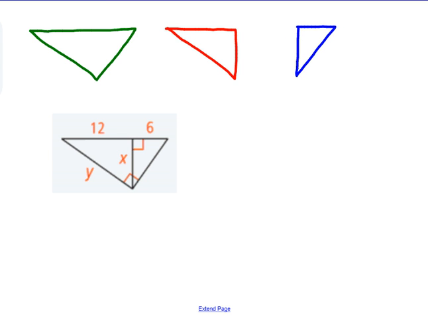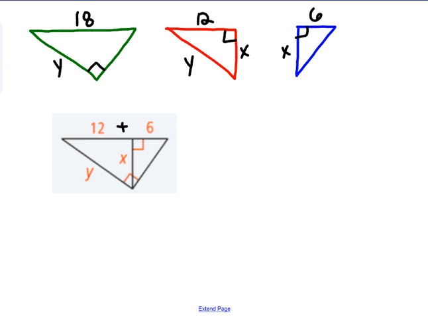Let me label it to make it look nice. Right angle, right angle, right angle. This is 18, because that's 12 plus 6. This is y. This is y. This is 12. This is x. This is x. This is 6.